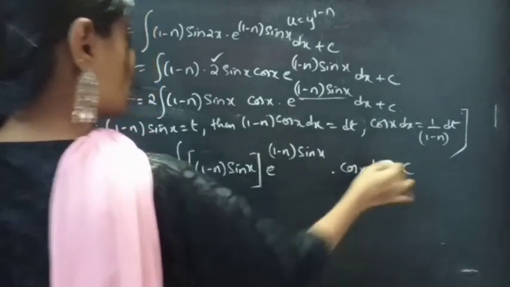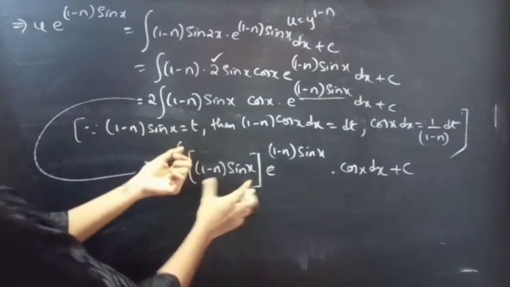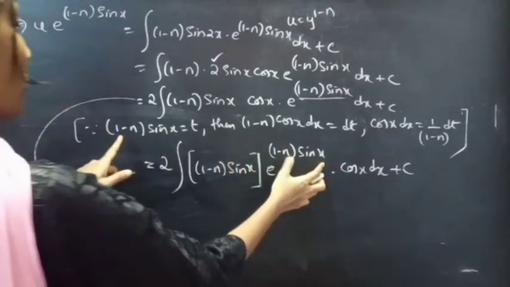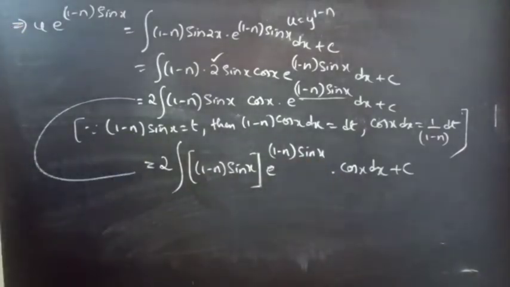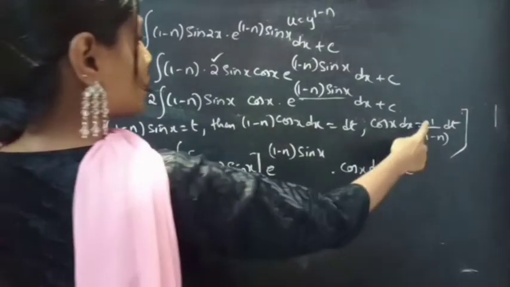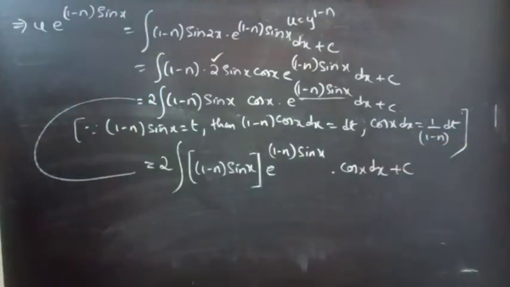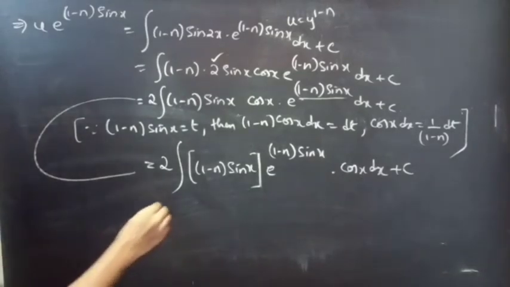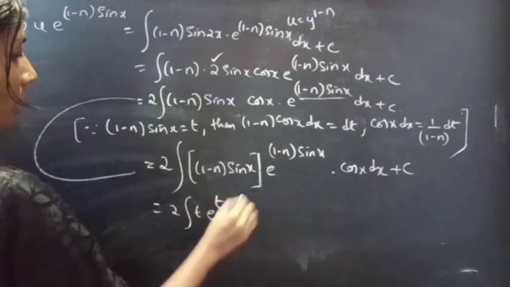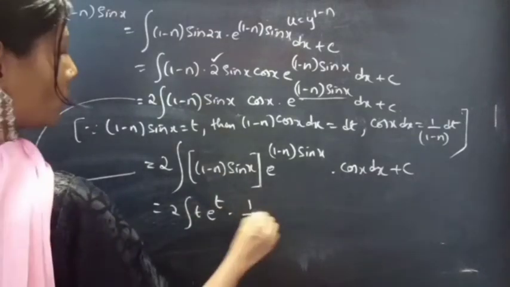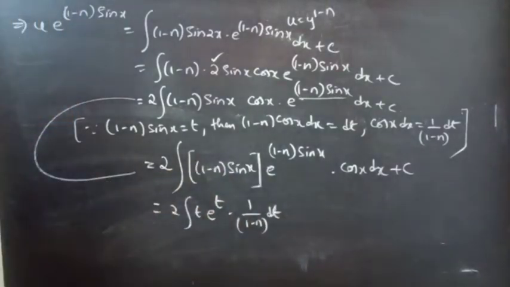Now it is easy to replace (1 − n) sin x by t, and you can replace cos x dx by 1/(1 − n) dt. This equals 2∫t e^t times 1/(1 − n) dt. Okay.